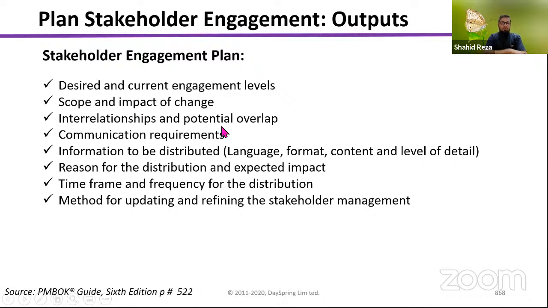All right, so finally, the only output from this process is the stakeholder engagement plan. The action plans, what we have to do for engaging the stakeholders, we have to write in the stakeholder engagement plan.